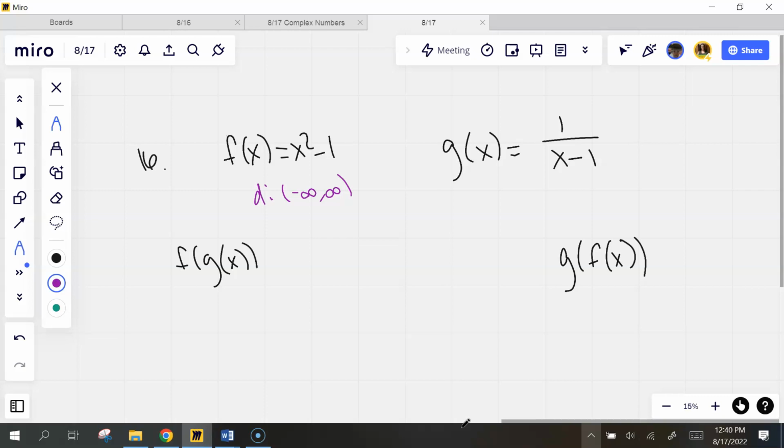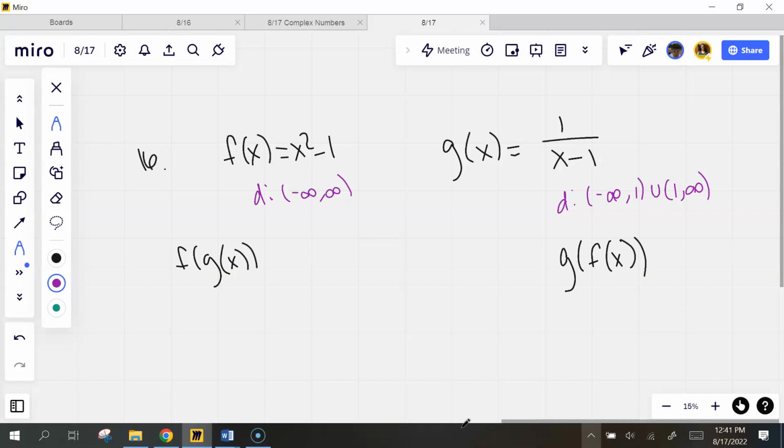So what's the domain? What can x not equal? It can't be 1. That's the only thing it can't be, right? How do I say that? That's exactly right. That leaves out just 1.